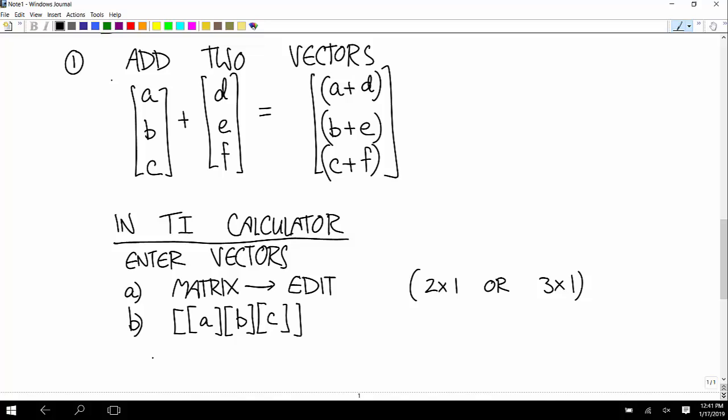And I think it might only be TI-89s that let you do this, but it saves a couple of keystrokes. Square brackets for the matrix, and then semicolons to go to the next row. So that's a semicolon, not a J. So A, semicolon, B, semicolon, C gives you the same vector as before.